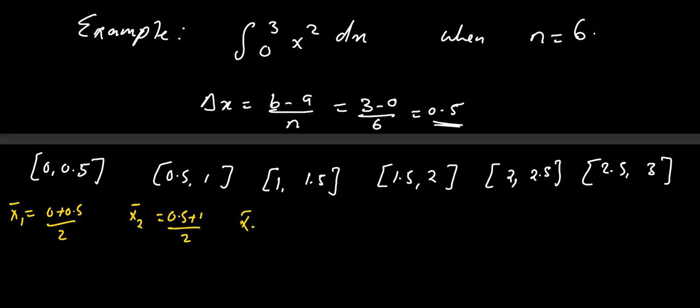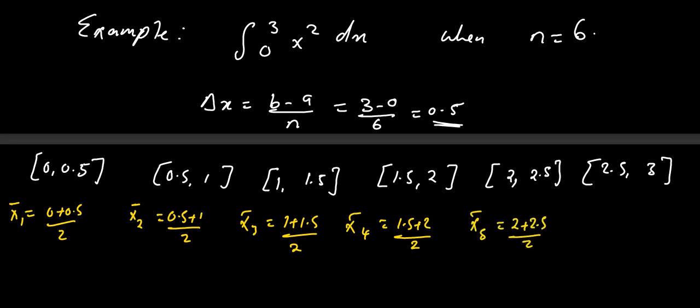This is x bar 3, 1 plus 1.5, then we divide by 2. This is x bar 4, 1.5 plus 2 over 2. This is x bar 5, 2 plus 2.5 over 2. Then x bar 6, 2.5 plus 3 over 2.